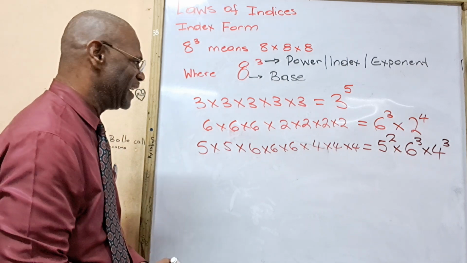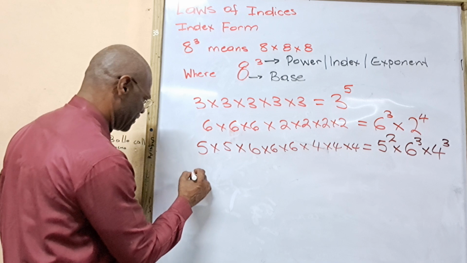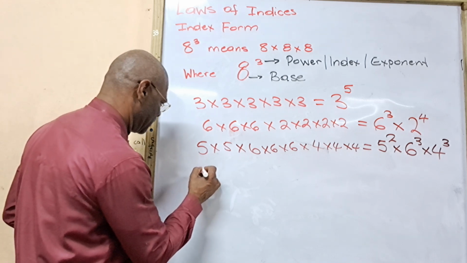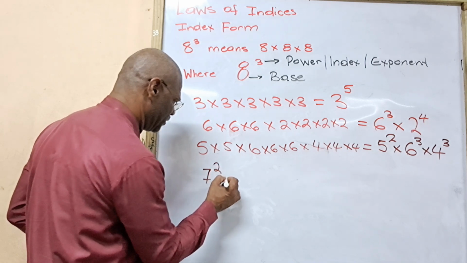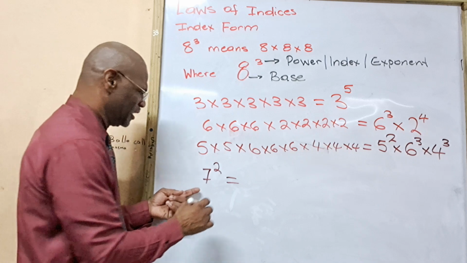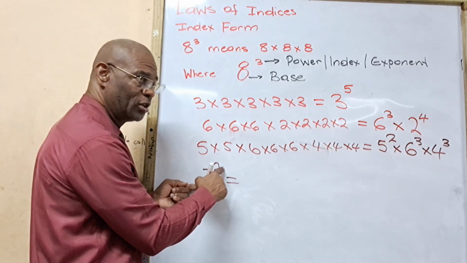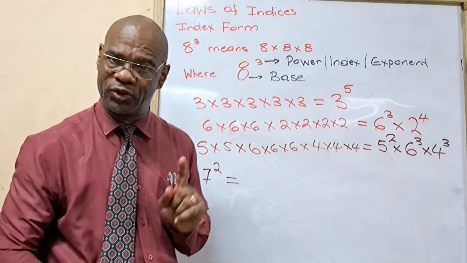Now let's say we have 7 to the second power. How do we write that? 7 to the second power means that we have 7 how many times? 2 times. Right? It doesn't mean 7 multiplied by 2.